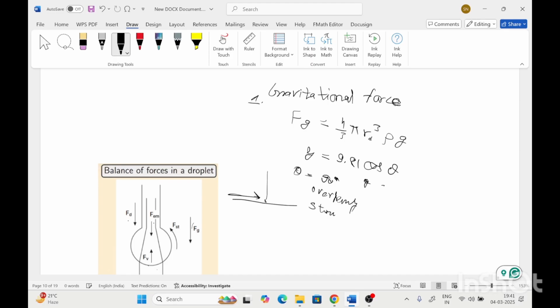And theta equal to 0 degree is for the horizontal position.